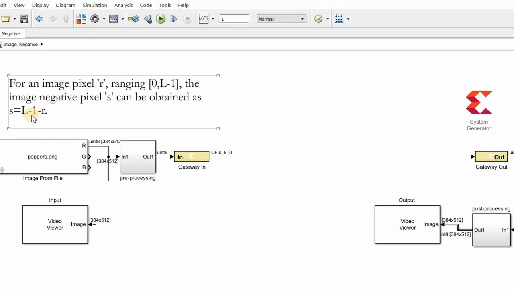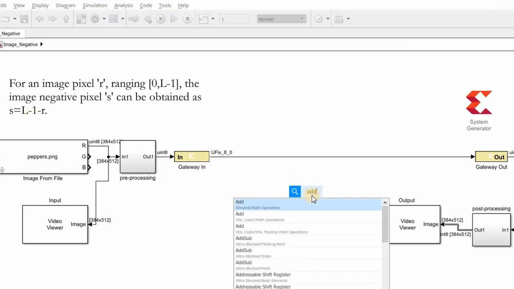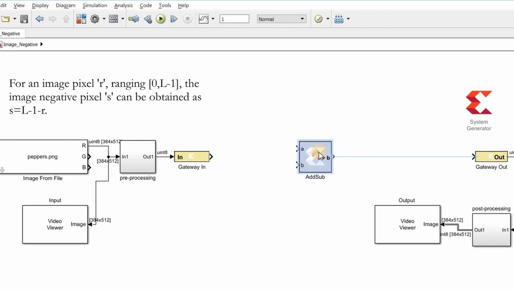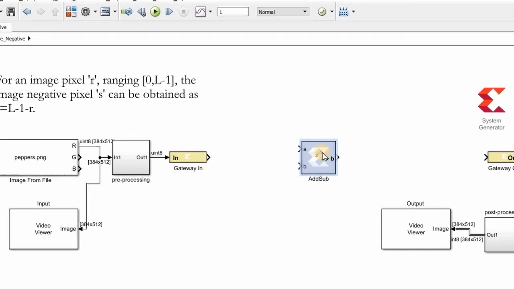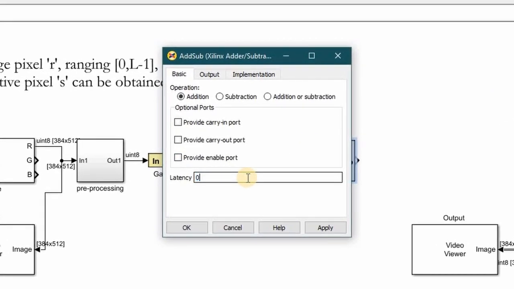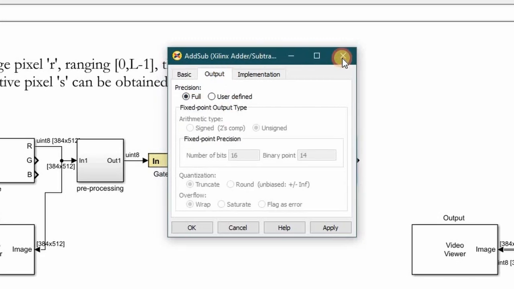So first I will add the AddSub block. For simplicity, I am considering the latency to be 0. So we need to have the subtraction and the output.